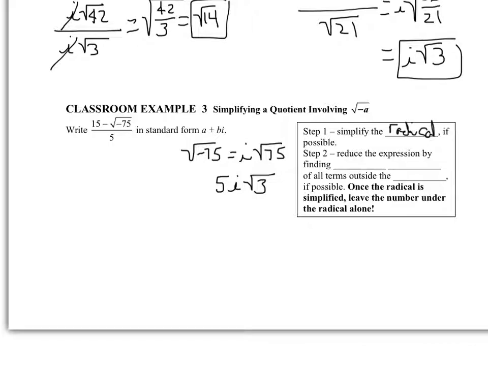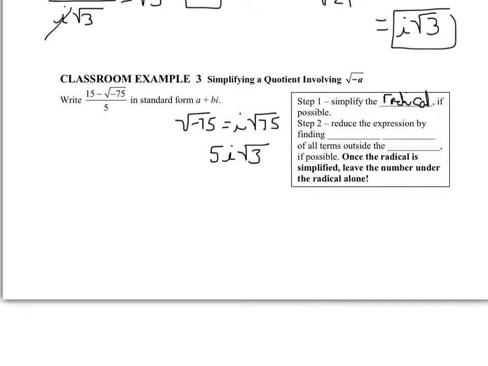Now, once we have the radical simplified, let's go back and put it in place in this equation. So we have 15 minus 5i square root of 3, and all of that is over 5.